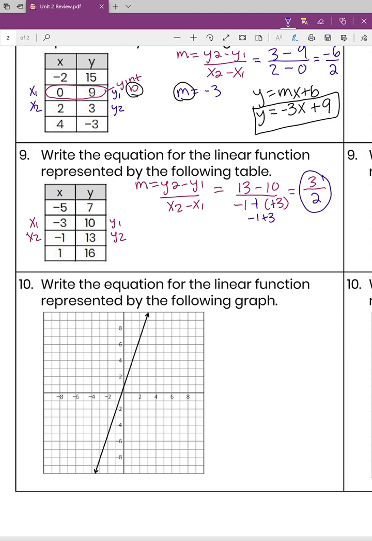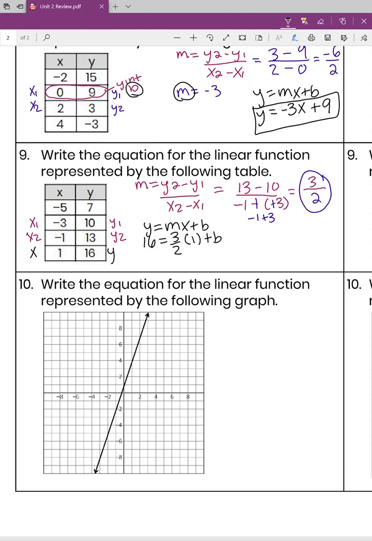Okay. Remember, if we're not given a y-intercept, we need to use the equation y equals mx plus b, and we need to find an x and y value on this table. So I'm going to just use these bottom ones, x and y. So that means instead of y, I'm going to put 16 equals 3 over 2 because that's our slope, and x, we said, is 1 plus b.